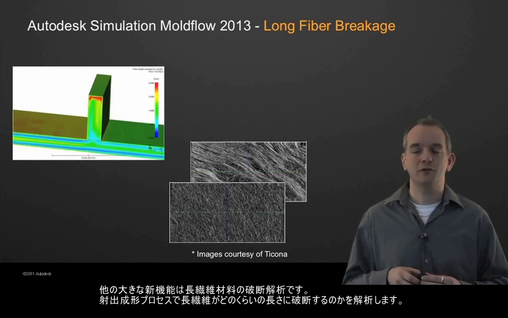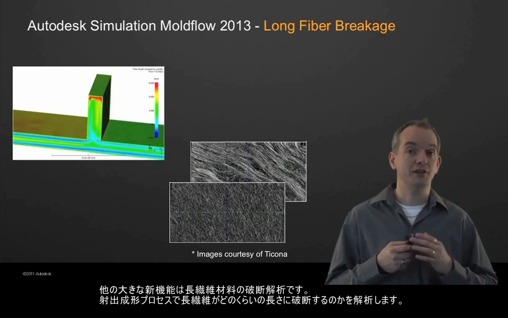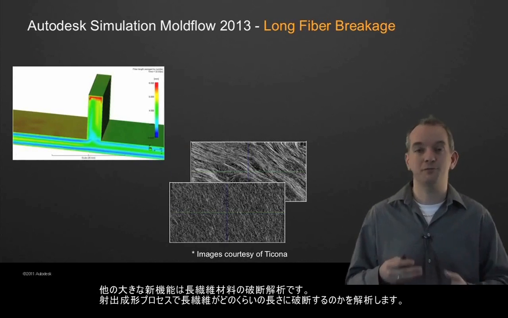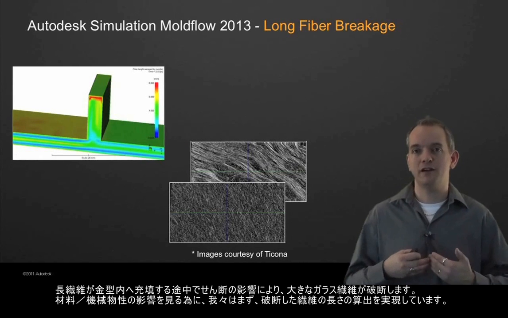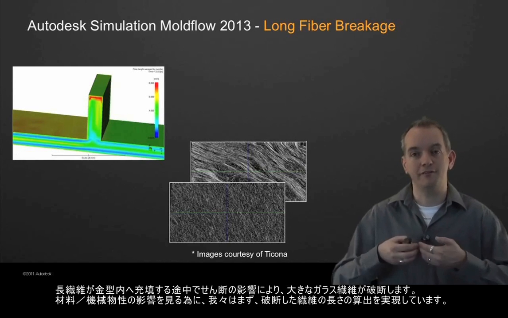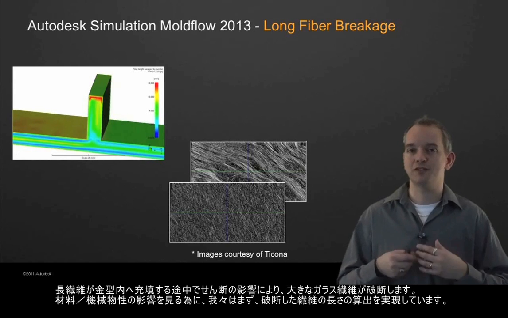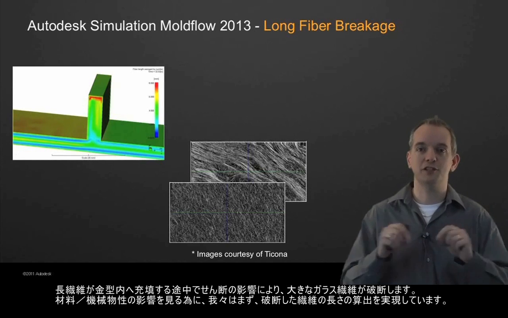Another big improvement we made to our long fiber orientation code, which we introduced in 2012, is the ability to calculate how long fibers break down during the injection molding process. While a long fiber filled material goes through the injection molding process and fills out the part, it gets exposed to a lot of shear, and it will start breaking down from long fibers into much smaller fibers.